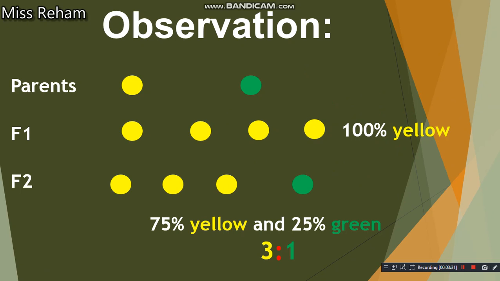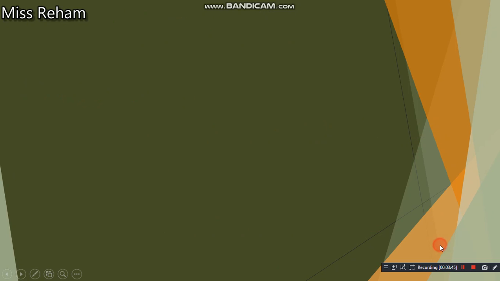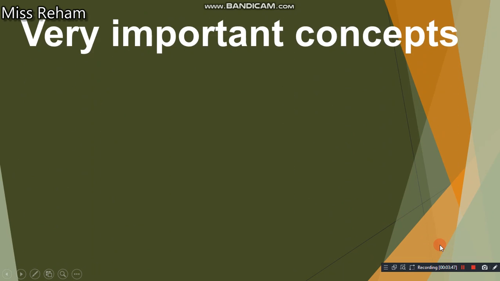And what's meant by recessive traits? Recessive traits are traits that disappear completely in the first generation. Very important concepts. Please pay attention. You must know these concepts.